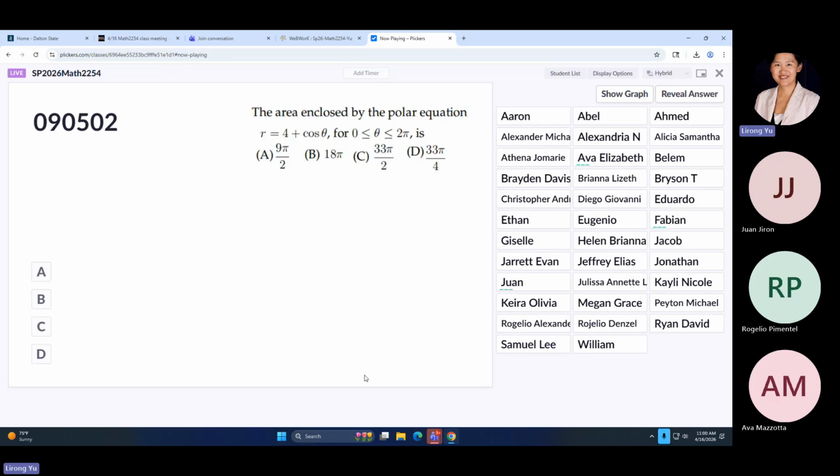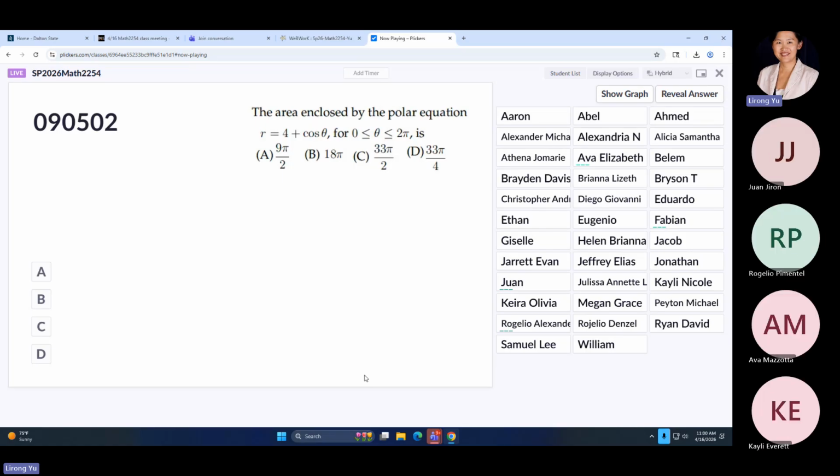You can see that when theta equals 0, this is 4 plus 1, which is 5, at angle 0. When theta equals 90 degrees, pi over 2, cosine is 0, so it's 4 plus 0.